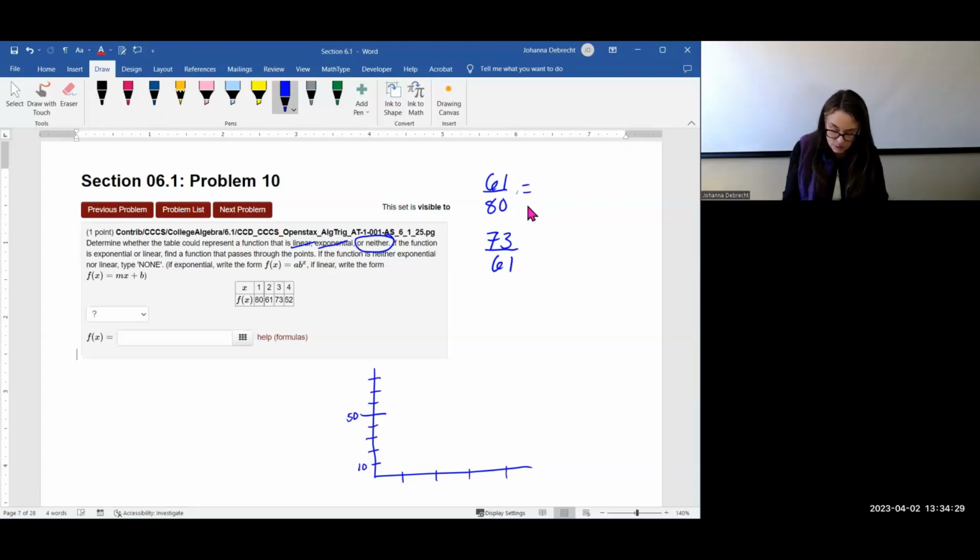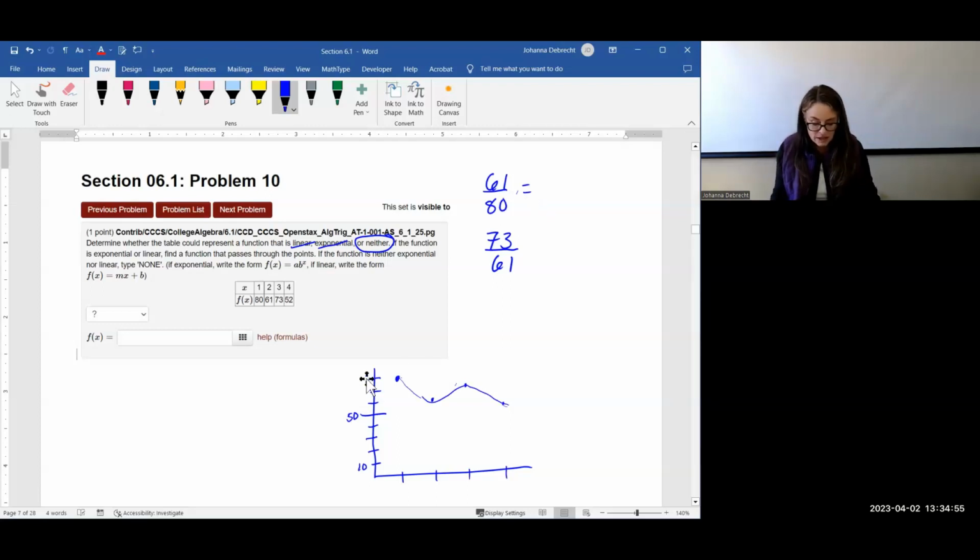So when x is 1, I get up here to 80. At 2, I'm at 61, which would just be about here. And at 3, I'm at 73, which would be up a little bit. And then at 4, I'm at 52, which would be down. You can tell that this is zigzagging, all right? And because it's zigzagging, it is not exponential or linear.